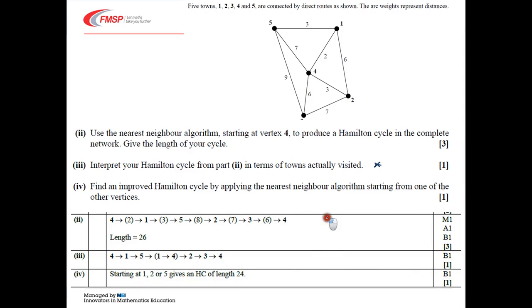In fact, there's your nearest neighbour, there's the interpretation, and in fact you didn't have to do anything much for this part 4 because it's only 1 mark, so they just expected you to notice that if you started at 1 or 2 or 5 you would get a shorter route, and that's all you had to say.